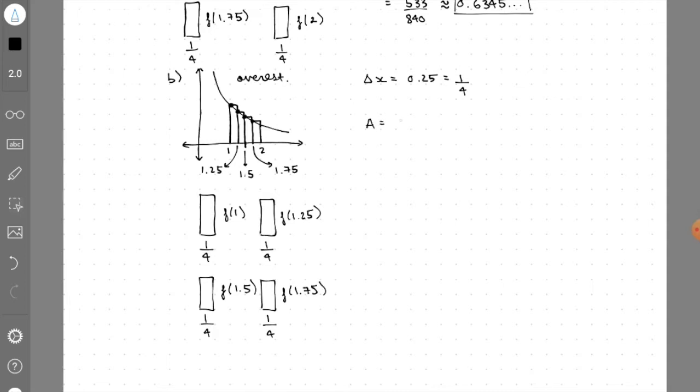So our area is going to be, I'm going to put the 1/4 outside, f of 1 plus f of 1.25 plus f of 1.5 plus f of 1.75. And we just plug this into our original function, which is 1 over x.